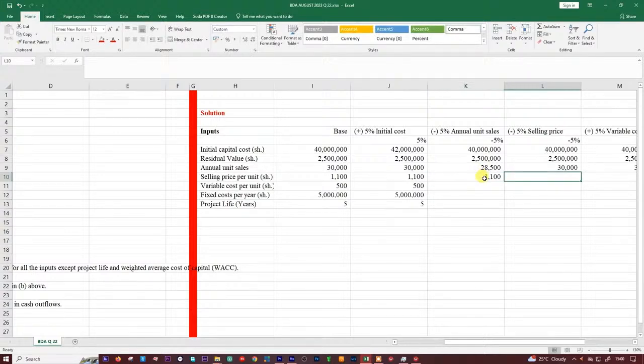This one remains the same, but the selling price changes based on that component there. So the selling price is going to be plus that one times open the brackets, 1 plus selling price, comes to 1045, but the rest remain the way they are.